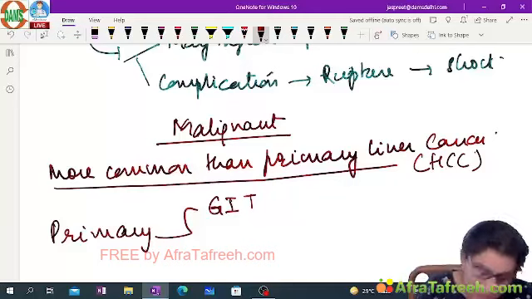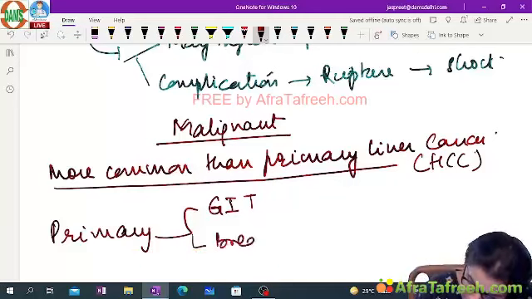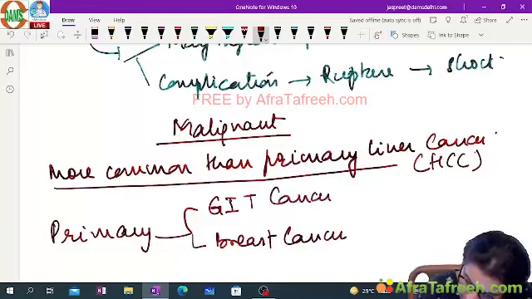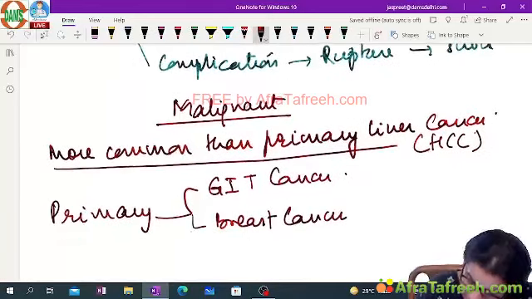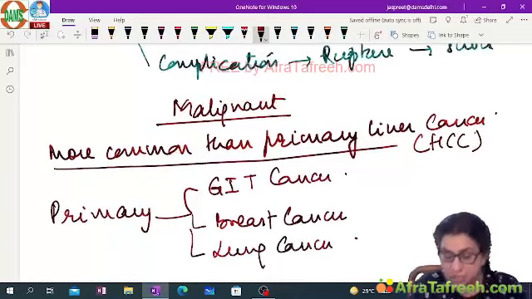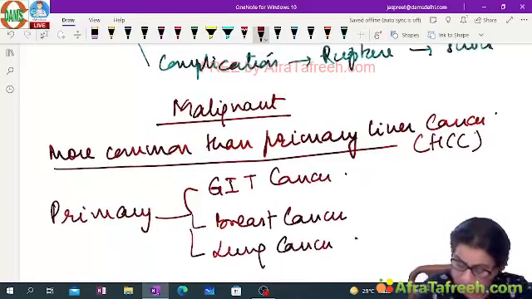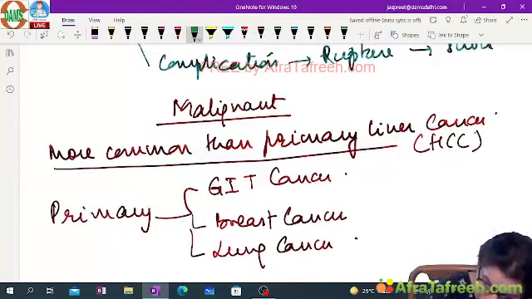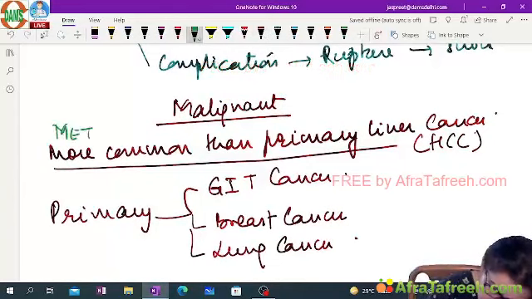Breast cancer and lung cancer can also metastasize to the liver. So in malignant tumors, the first entity is metastasis.